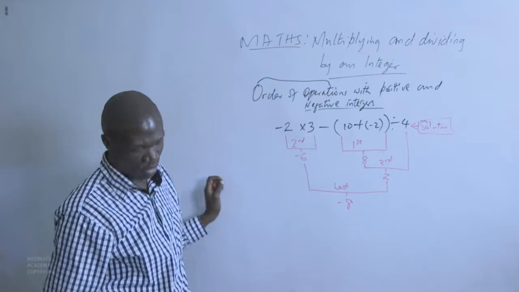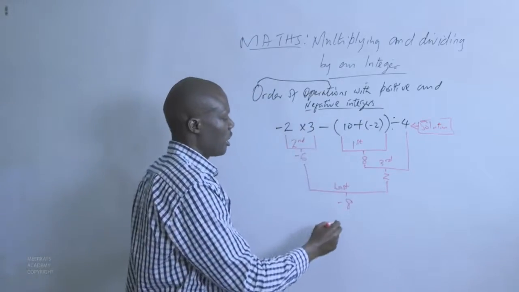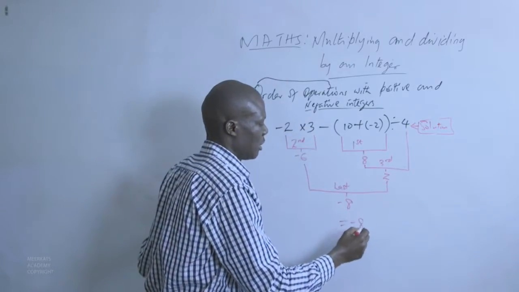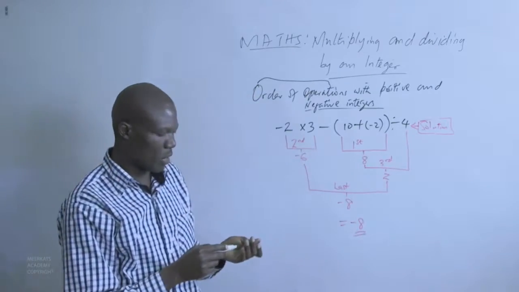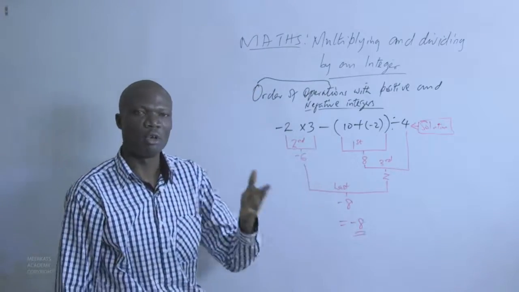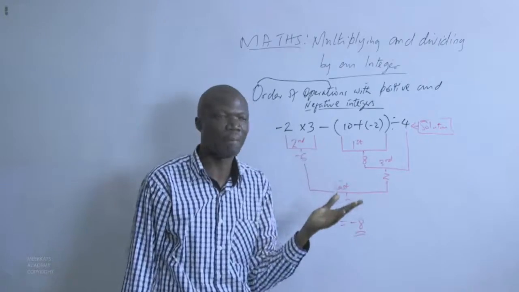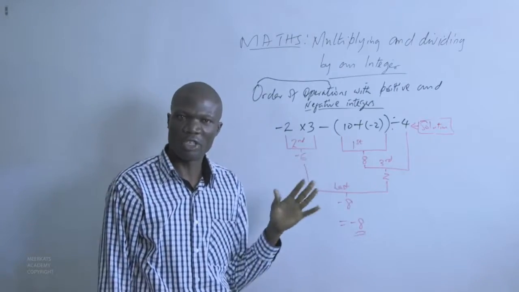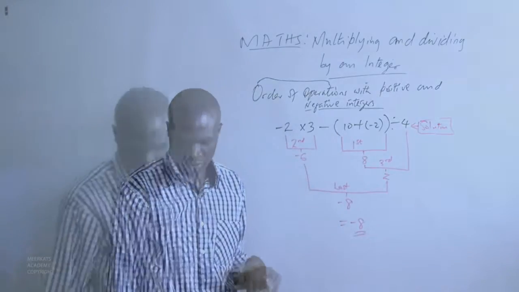So you can simply conclude that the answer to our problem is negative 8. We have exhausted the brackets, the multiplication, the division, the addition, and the subtraction.